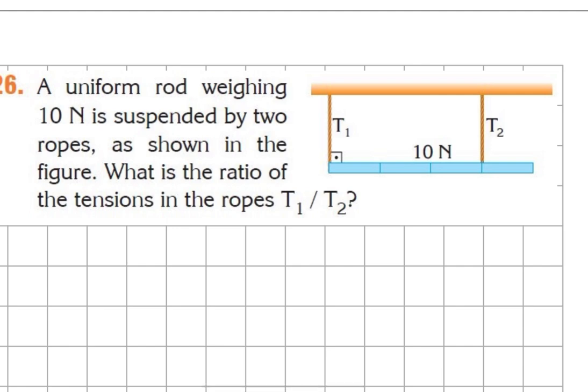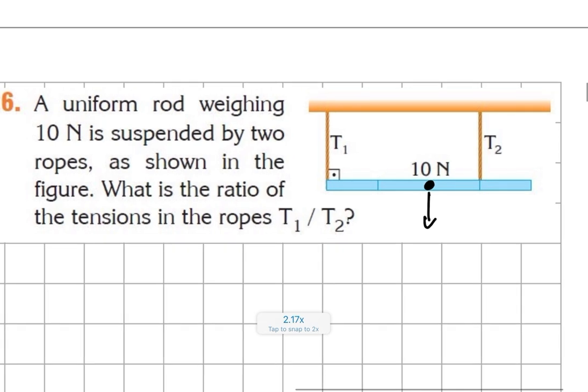Firstly, guys, we need to show the center of mass of the beam, so it will be exactly at the center, here. So we assume that the 10 Newton force is applied from this point downwards.